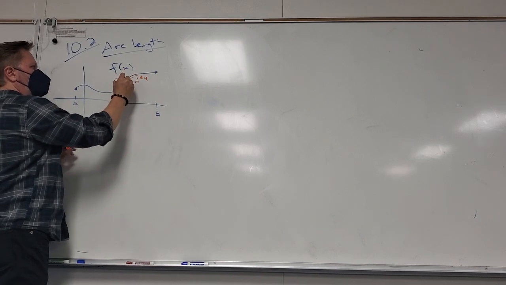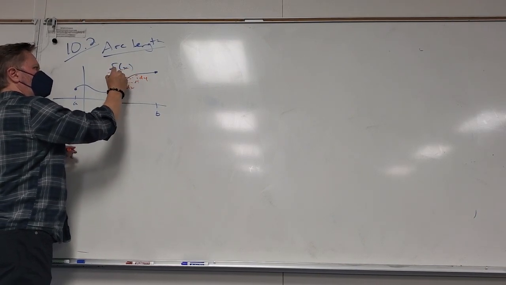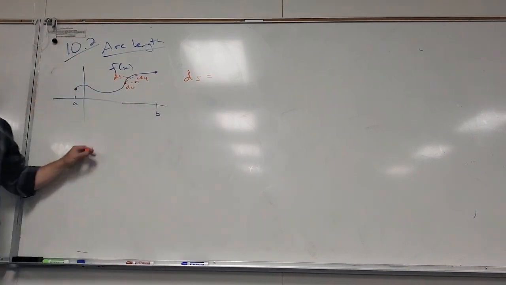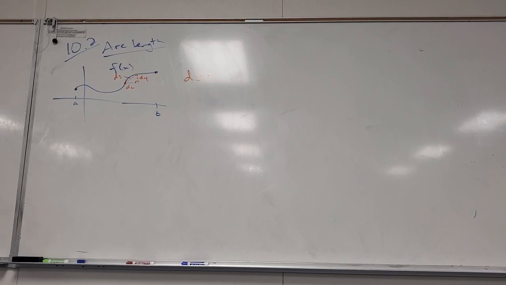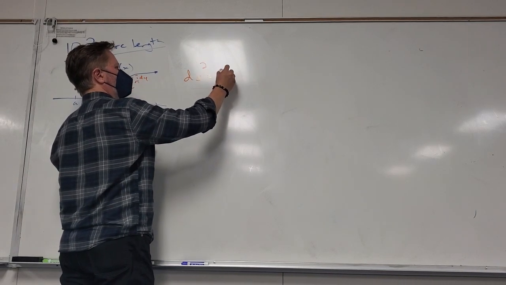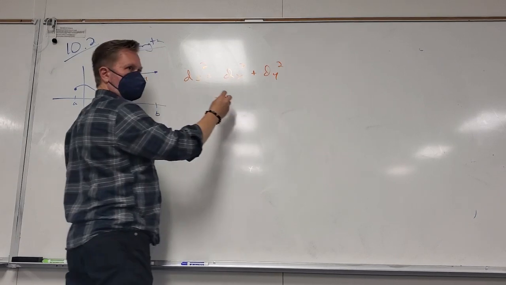Can anyone tell me how long this segment here would be? Let me call it ds, but I want to know what that is in terms of dy and dx. Why is that an easy question? What shape did I just make? Triangle. ds squared equals dx squared plus dy squared. So then ds equals the square root of dx squared plus dy squared.